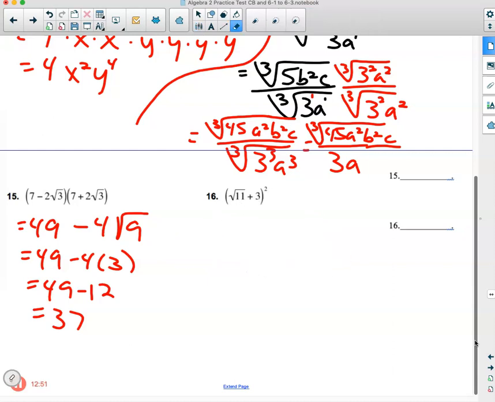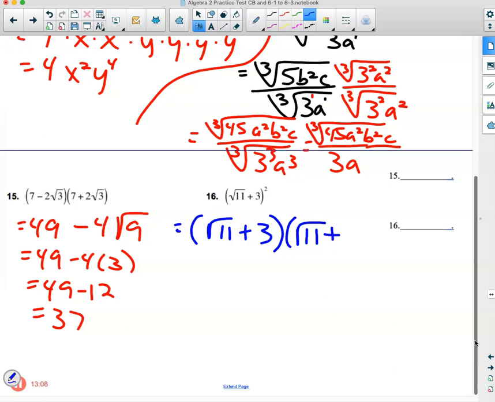That 2 that we see for a power up there works only on the closest thing to its left. What is immediately to its left? Parentheses. We have to write it out twice. Can we do this one with fool, or do we have to do FOIL? Yeah, we do. This doesn't have that sum and difference pattern, so we need to do FOIL.